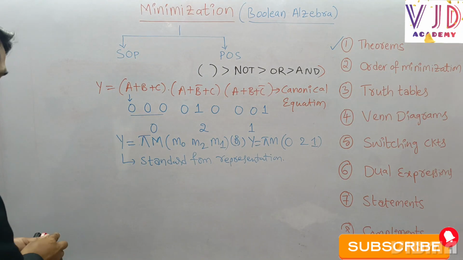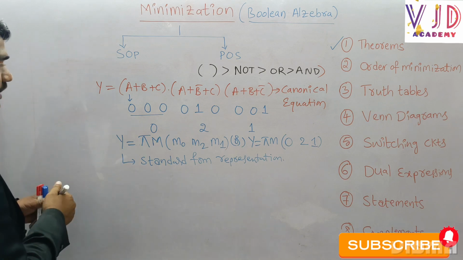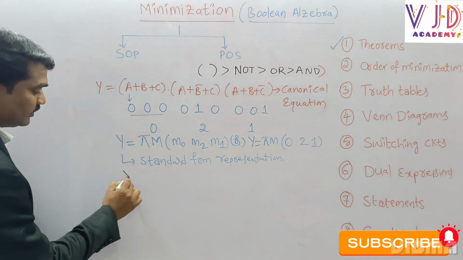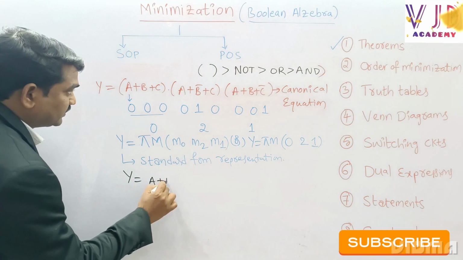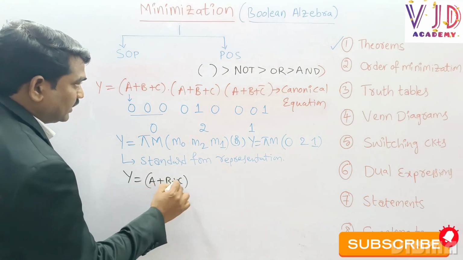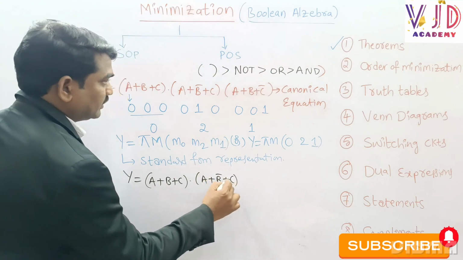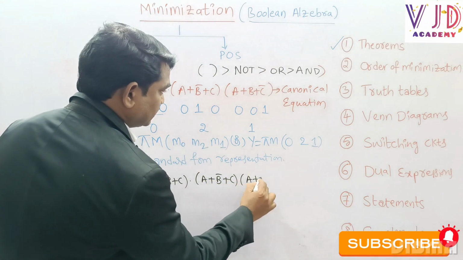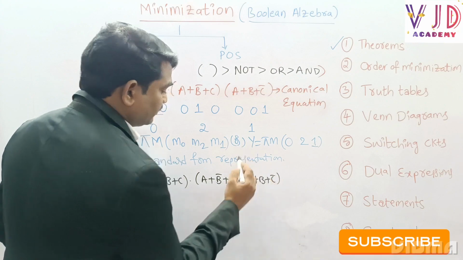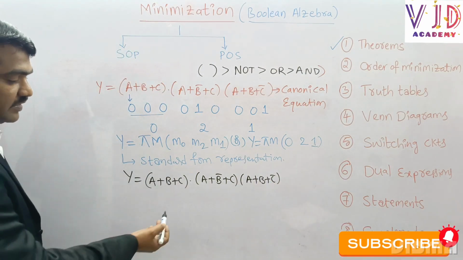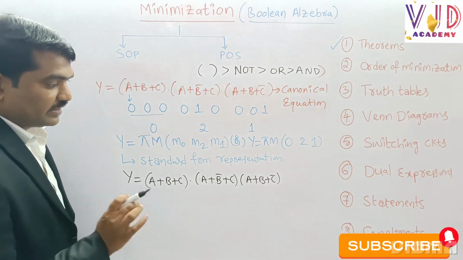Sir, to understand the minimal form, let us take the first equation, y equal to A plus B plus C, and now A plus B bar plus C, and now A plus B plus C bar. From this equation, we have 3 max terms.